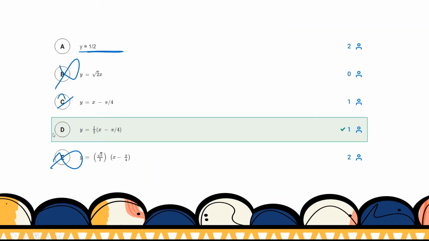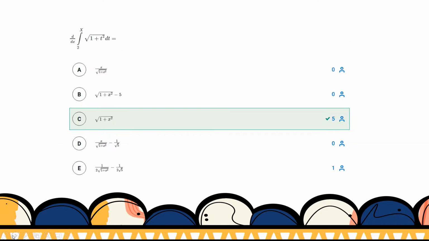So just from that alone, because the slope here is 1/2, you can determine what your answer is. And then you can also go ahead and solve for your value of b, which you'll get is pi over 8, and you'll see that that also aligns with this answer choice.